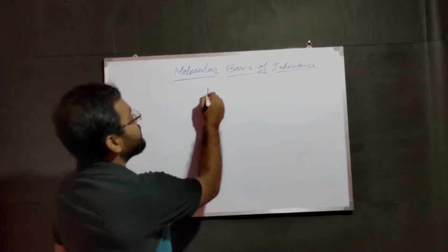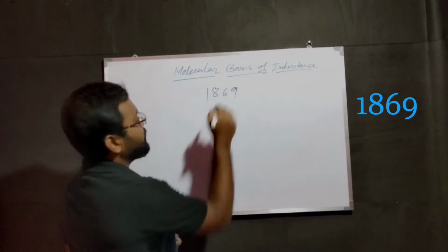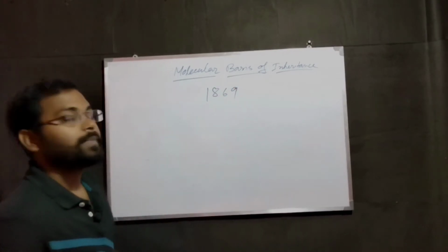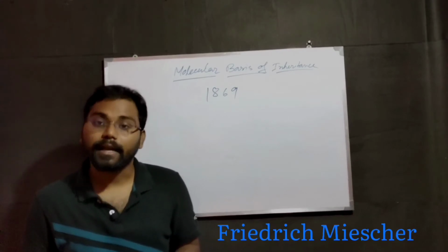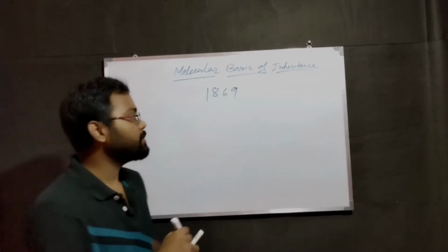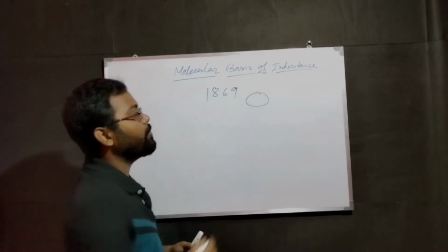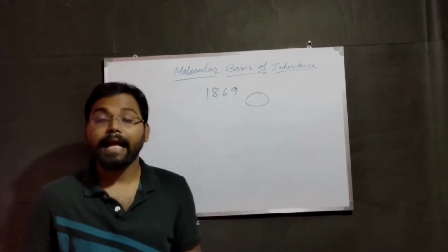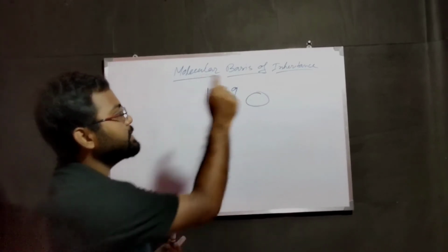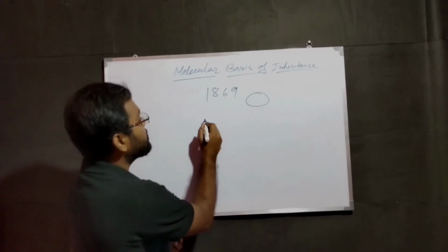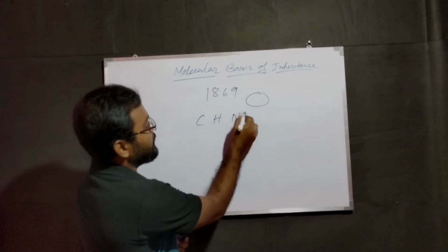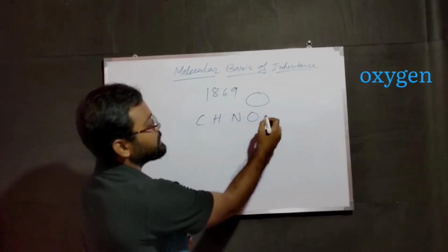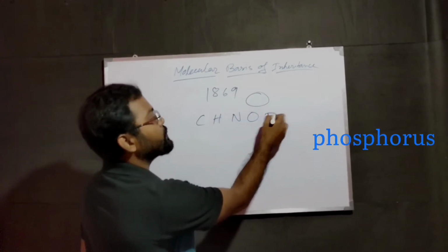In 1869, scientist Friedrich Miescher isolated a substance from white blood cells, and he found that this substance contained carbon, hydrogen, nitrogen, oxygen, phosphorus.